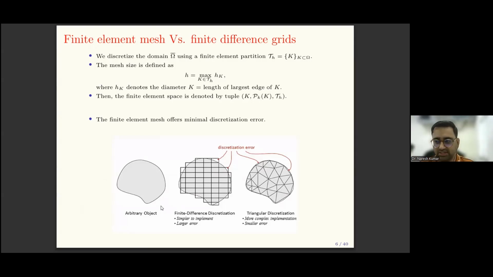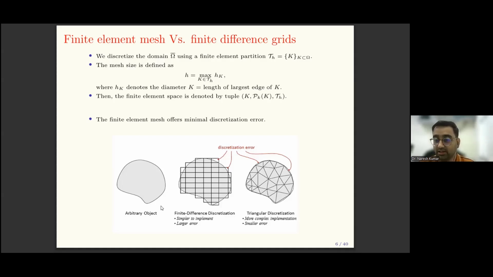When you discretize the domain using triangles, the largest side of the triangle is called the diameter of the element, h_K, and when you take the maximum of all the h_K, you define the mesh parameter h.